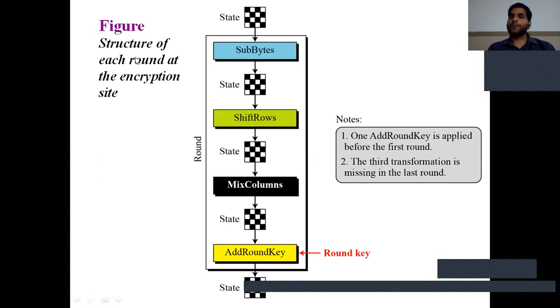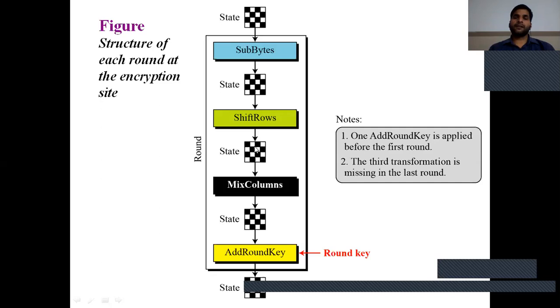In the previous lecture we said that the state stores the block in a 4 by 4 array. This 4 by 4 array goes through SubBytes, the substitution of bytes. After SubBytes we find the state, we apply ShiftRows on this state and find the output.